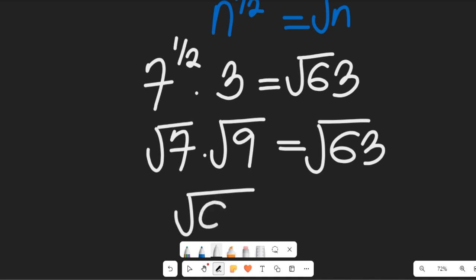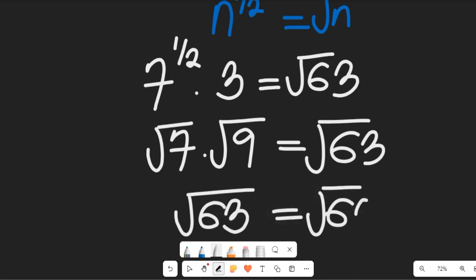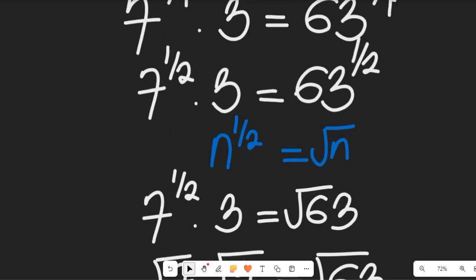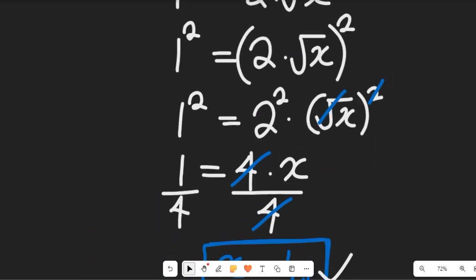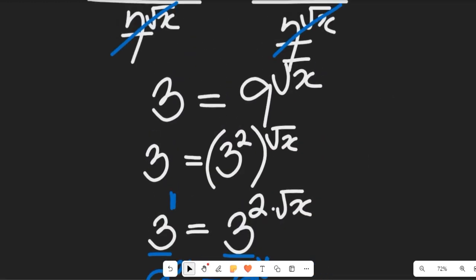So this is going to give me 63 equal to 63. So you see, that tells us that the solution x equal to 1 divided by 4 is correct for that expression given to us up there.